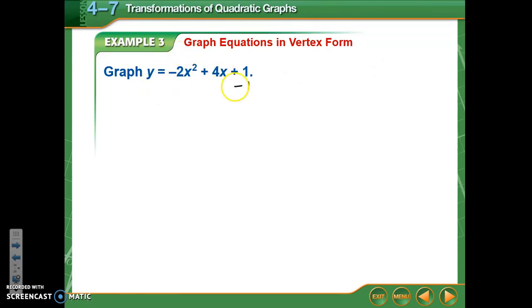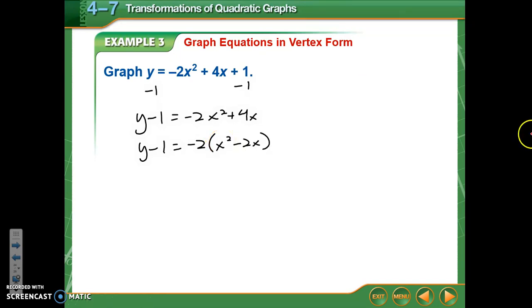I'm going to move my 1 to the other side just to get it out of the way for right now. So I have negative 2x squared plus 4x. And then since a is not 1, I need to factor that out. So I'm going to have x squared minus 2x. Then I'm going to take half of b, so half of negative 2, which is negative 1. When I square negative 1, I get positive 1.